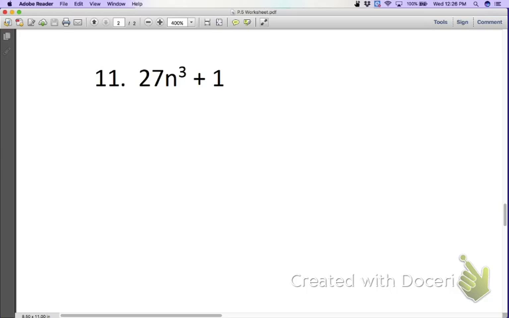So remember, if we have the sum of 2 cubes, we're going to have like a to the third plus b to the third. We go with our formula of a plus b, because the signs match, and then we square the first term, we change the sign, we multiply those 2 values, and then we do b squared.